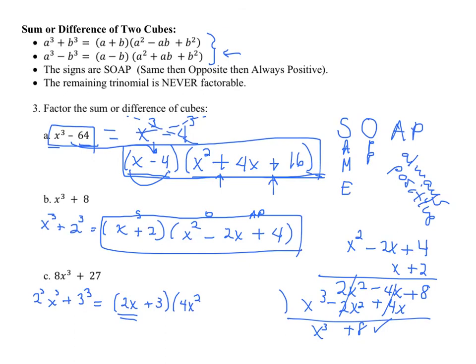Multiply these two together, 6x. Square the last guy, 9. Now we just have to adjust our signs. This first one is the same sign. Second one is opposite, so that would be negative. AP, always positive. Bing! There it is. There's my factored answer for this sum of cubes.